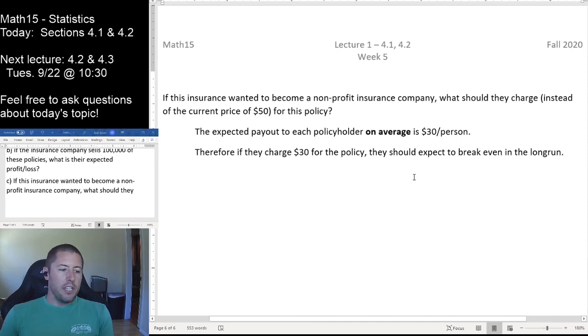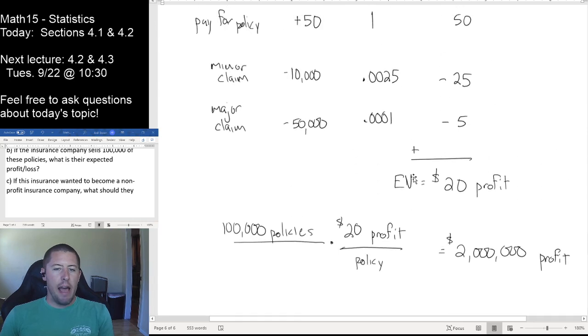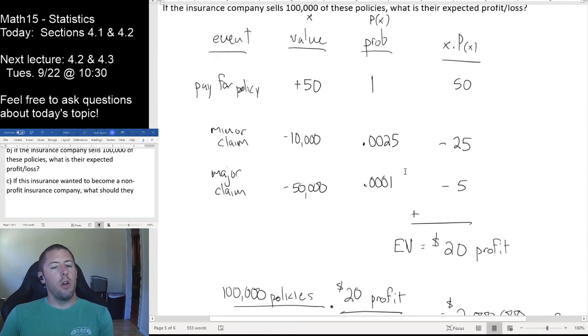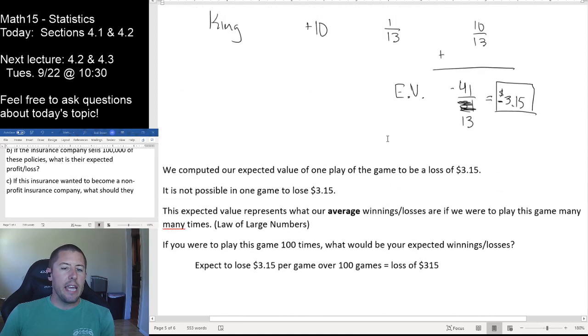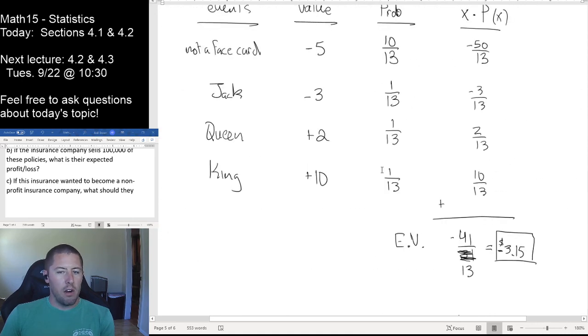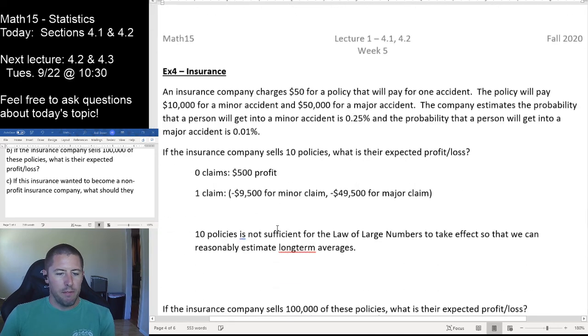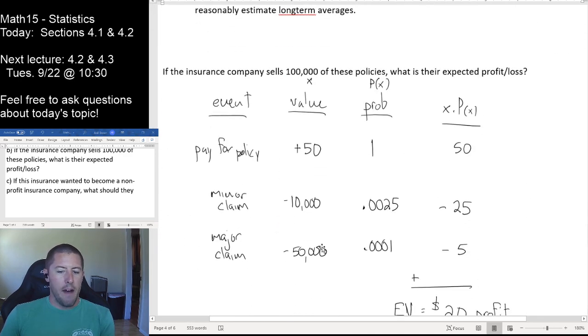So this is a super tiny snapshot of how insurance companies work. You should just notice that the things that are always going to be associated with gambling games are probabilities that are reasonably likely. It's not uncommon at all for you to meet a person who did actually pull a king. It is pretty uncommon for you to meet a person that filed an insurance claim that got them a $15,000 payout in the last year, right?